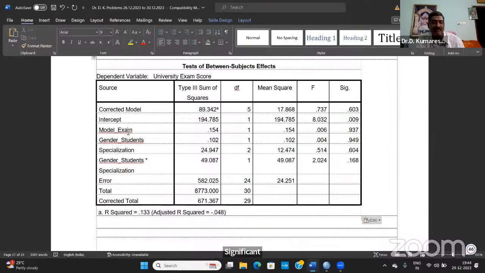But here R square is also less than 0.5.